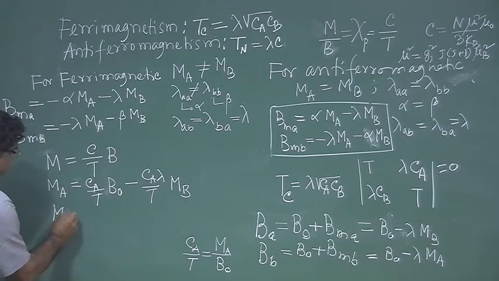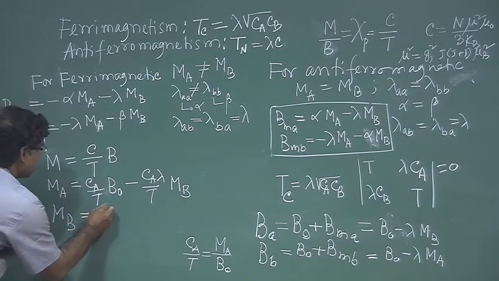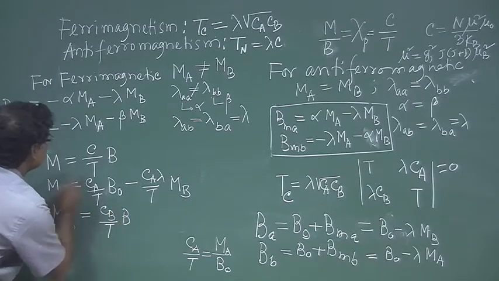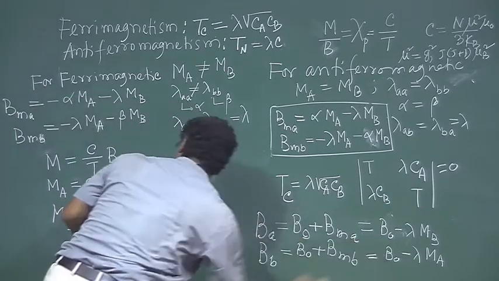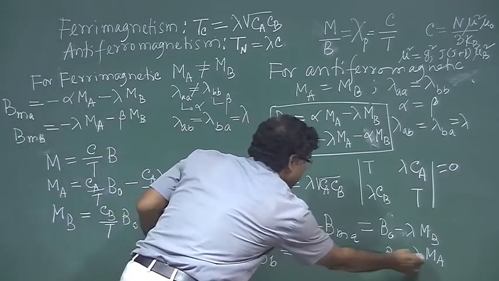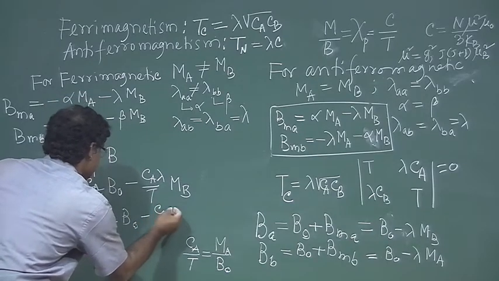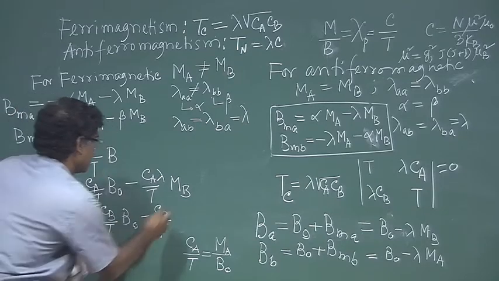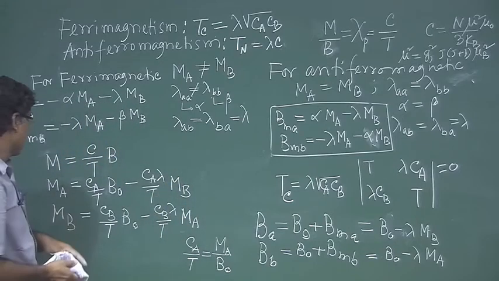Similarly, M_B I can write C_B by T, and B will be B_B, this one. So, that is B_0 minus lambda M_A, meaning C_B by T, this lambda M_A, right.